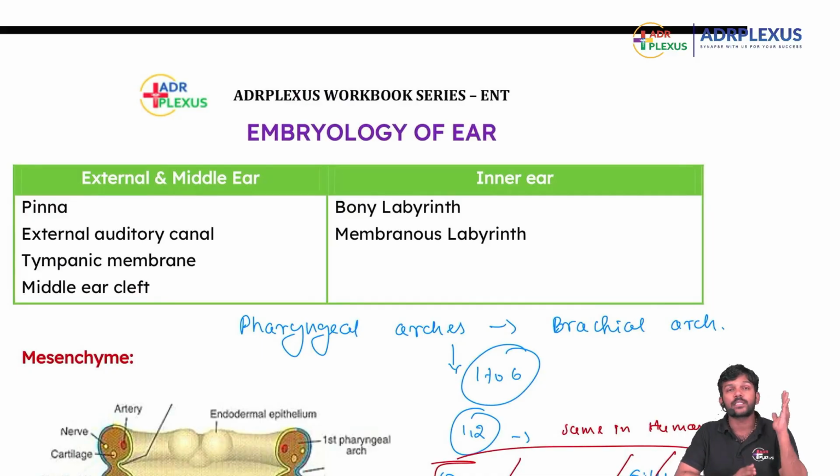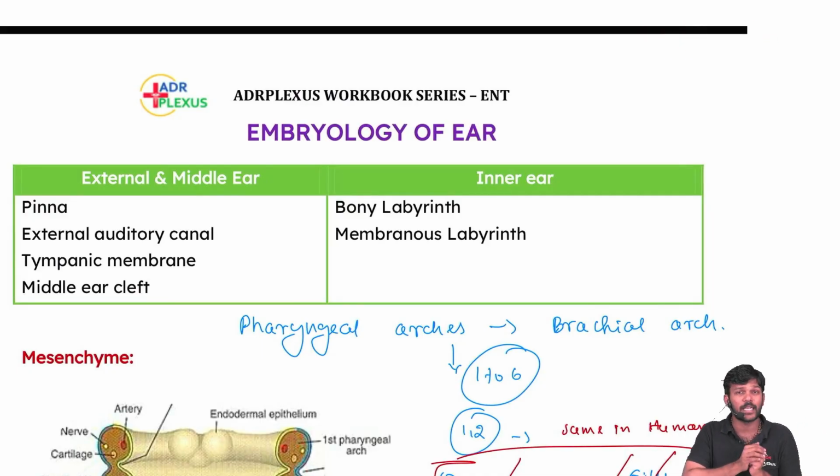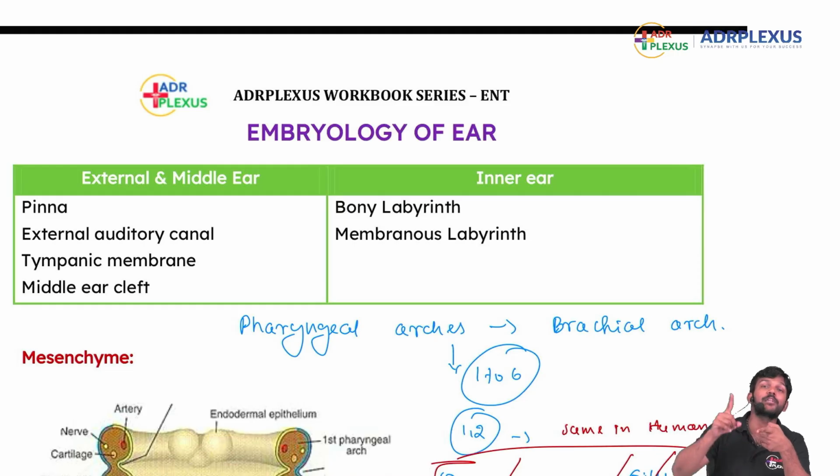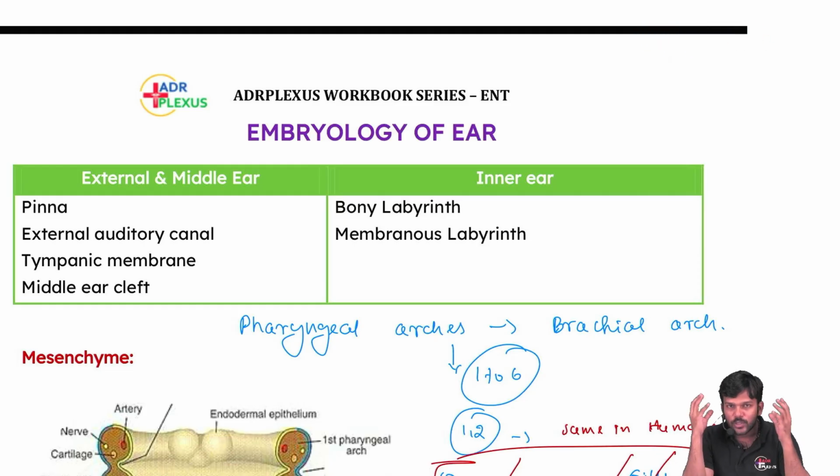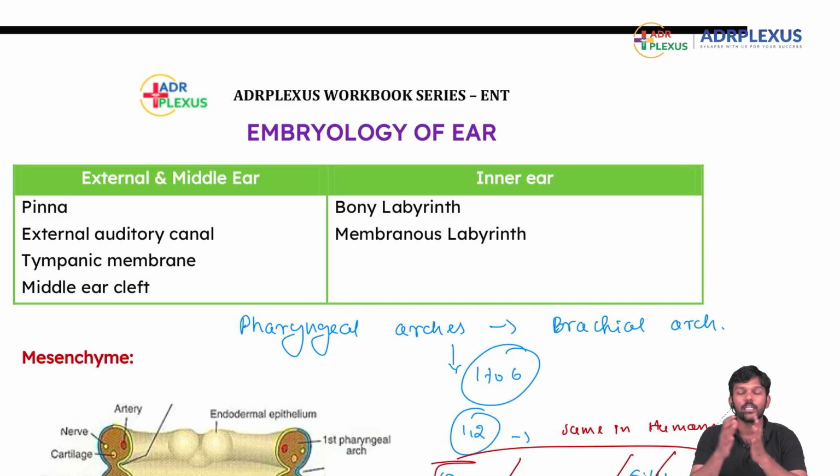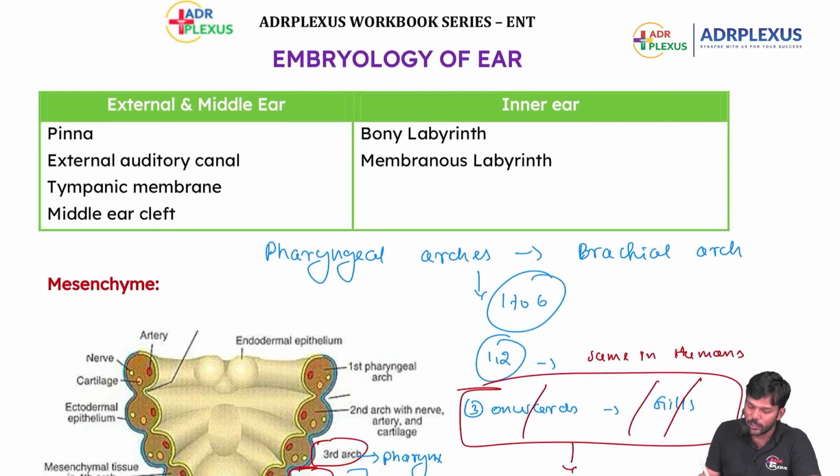The inner ear was present in fishes for the balance mechanism. While swimming through the water, fishes need to position themselves. So they had an inner ear meant for balance and positioning, whereas fishes don't have ears for hearing. So the pharyngeal arches are slowly modified into the external and middle ear.